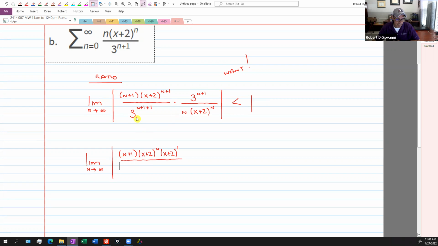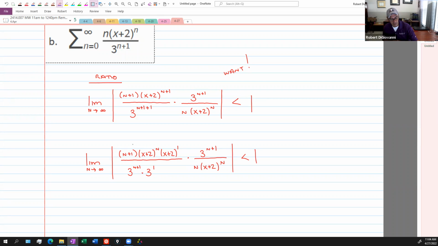Now on the bottom, I'm going to want the 3 to the n plus 1 to cancel here. So I'm going to write this as 3 to the n plus 1 times 3 to the 1. That way it'll cancel with this one on the top, right. Okay, I want that to be less than 1.